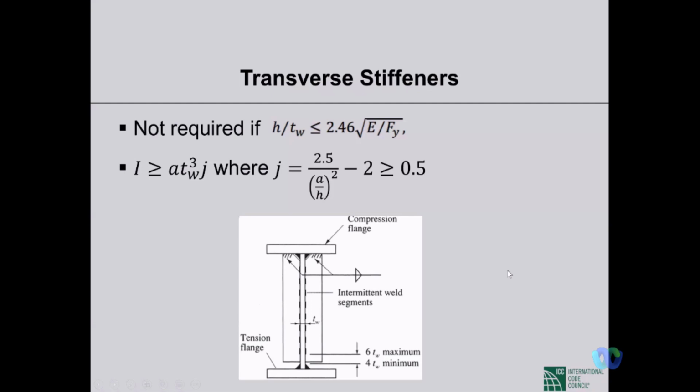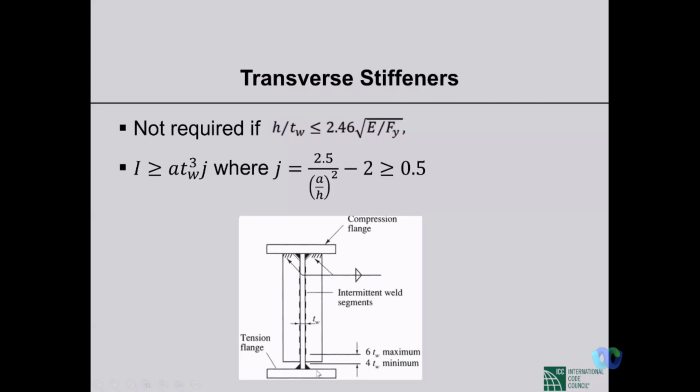There are some details for transverse stiffeners. We don't need to extend the stiffener to the tension flange at the bottom, but it has to be connected with the compression flange. Here it is shown at the top.